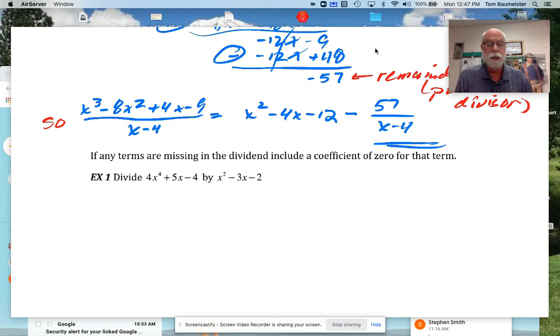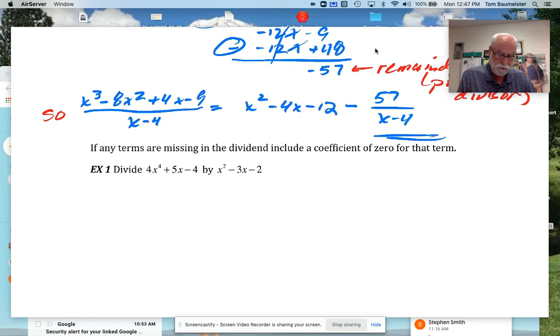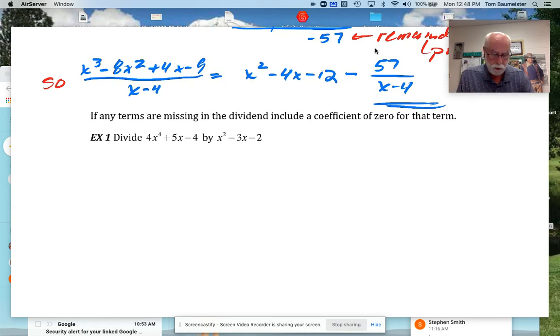And on the second one here, again, if any terms are missing in the dividend, include a coefficient of 0 for that term. So we're going to divide 4x to the 4th plus 5x minus 4 by x squared minus 3x minus 2. So we're going to take our 4x to the fourth, excuse me.